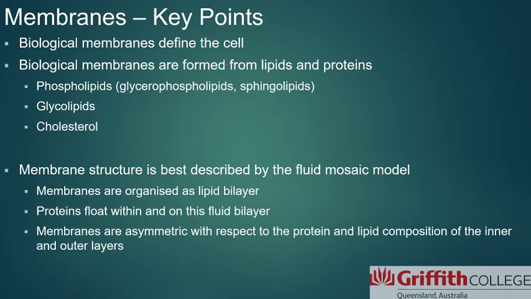The membrane structure is best described by the fluid mosaic model, as in not being super rigid and blocky. It's able to move and flow. And we have these cool lipid rafts in which we can move clusters of proteins and present proteins for cell-cell signaling and other various functions.